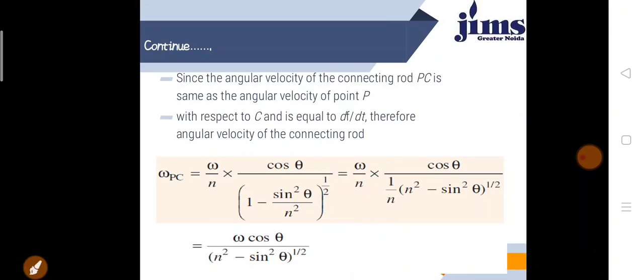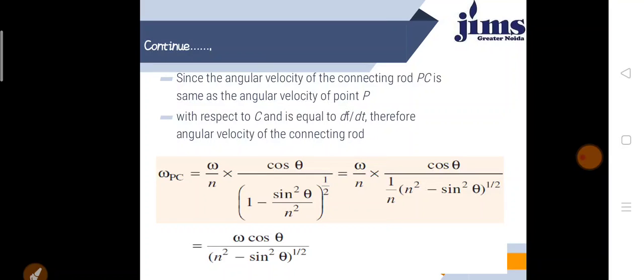Now I want to calculate a new value, which is the angular acceleration of the connecting rod. We already know that when any body is rotating about its own axis, we get an angular acceleration, denoted by alpha. Here I want to calculate the angular acceleration for the connecting rod, so we call it alpha PC.